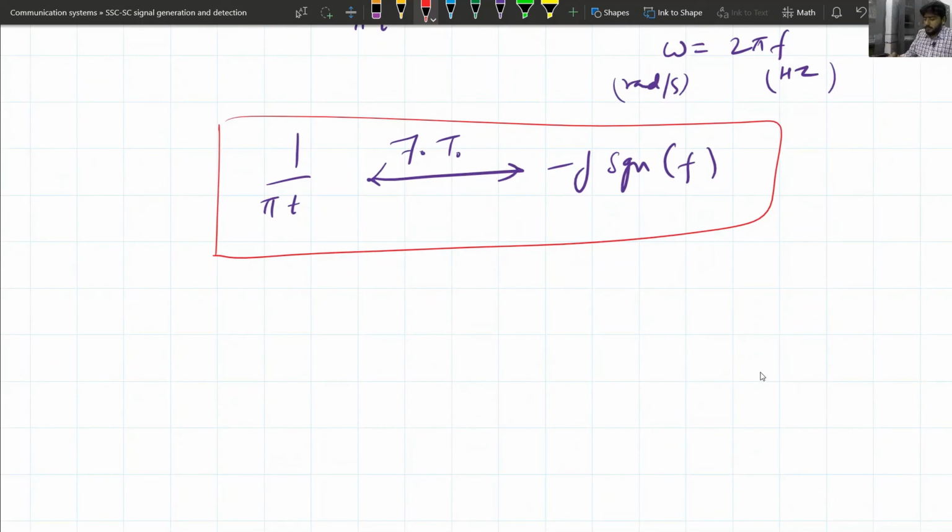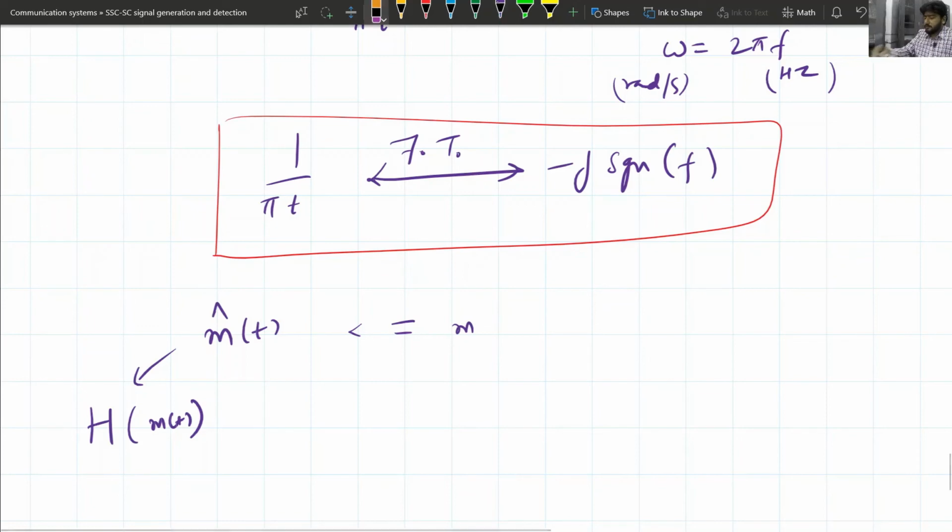Therefore m hat t, which is the Hilbert transform of m t, is given by the convolution of m t with 1 by pi t.